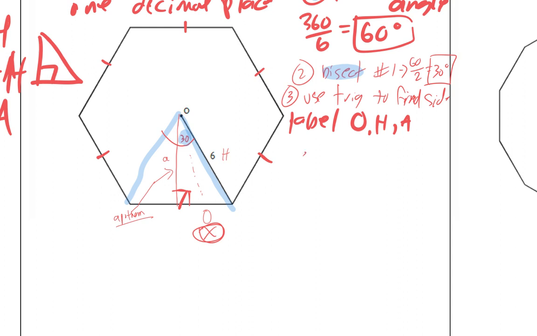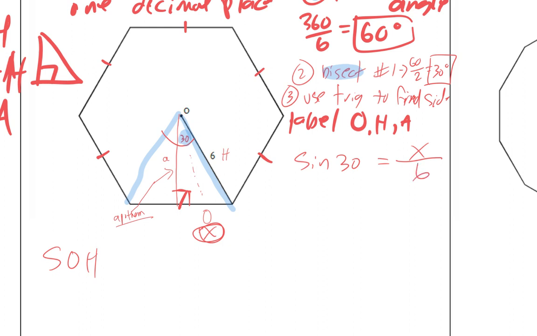That means the sine of 30 degrees is equal to the ratio of something over something. Sine is opposite over hypotenuse. The opposite is what we're trying to find, that's x, over the hypotenuse, which is 6.